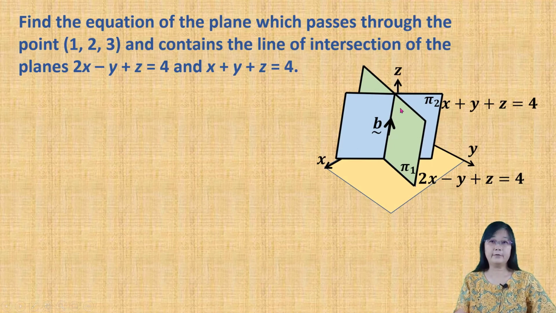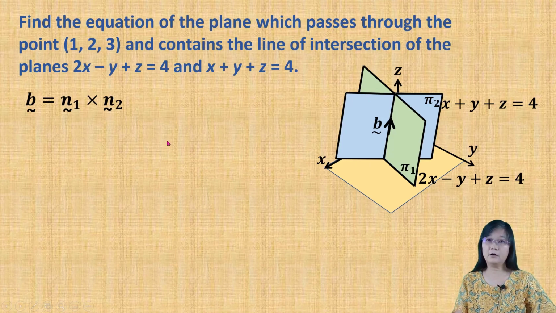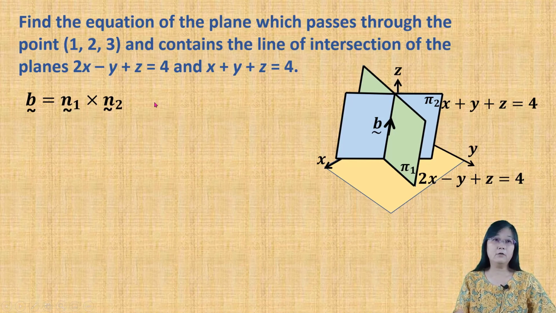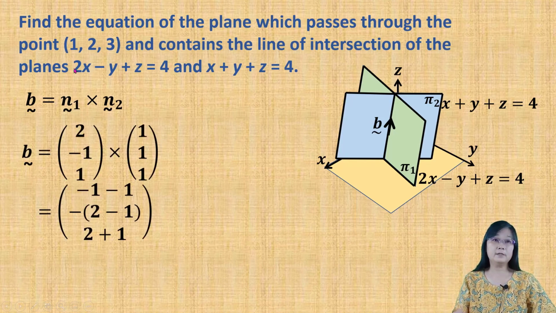To find the direction of the intersection line between these two planes, we can use the normal vector of the first plane multiplied with the normal vector of the second plane. So the normal of the first plane is 2, negative 1, and 1.